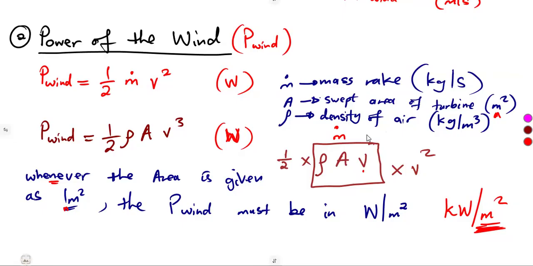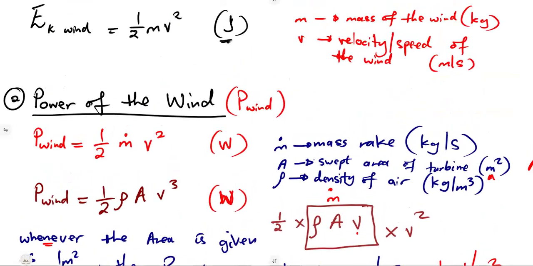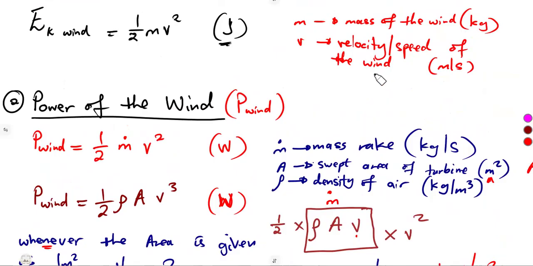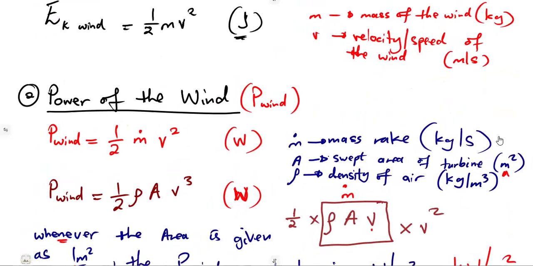We are going to talk about the normal consideration of that air density on its own. But for now, let's just know that we have got the air density there. Then V represents the velocity or the speed of the wind as mentioned before.